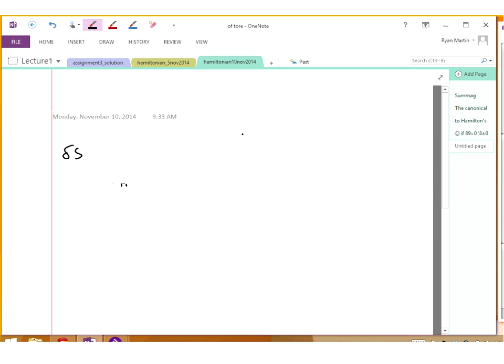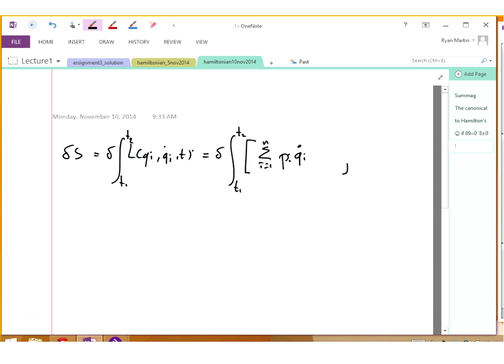So now we're going to use the definition of the Hamiltonian. So the definition of the Hamiltonian was the sum from i equals 1 to n of p_i q_i dot minus L. Appears that I forget the dt every time here. dt, dt.